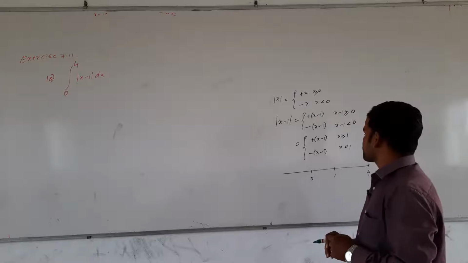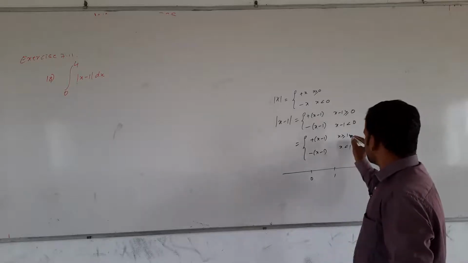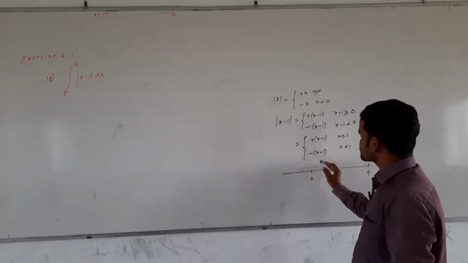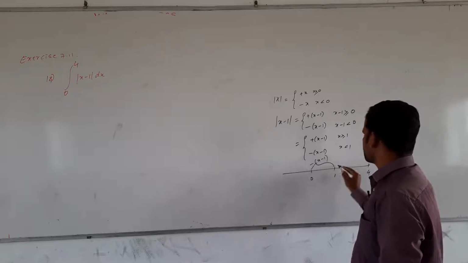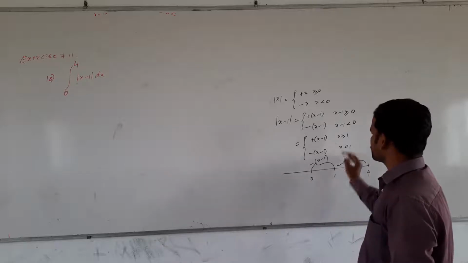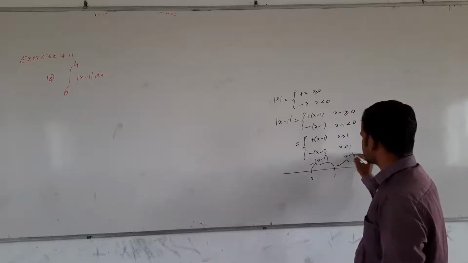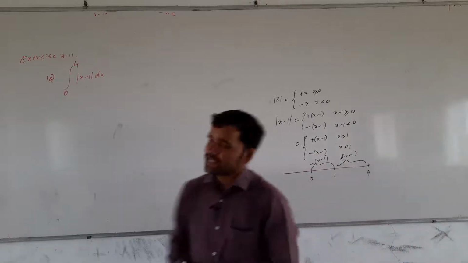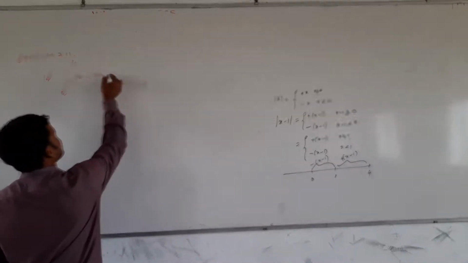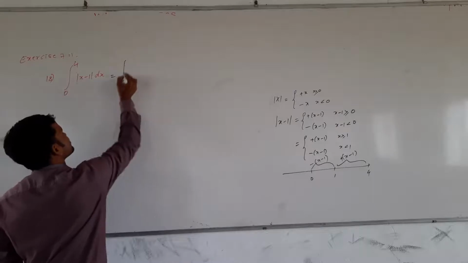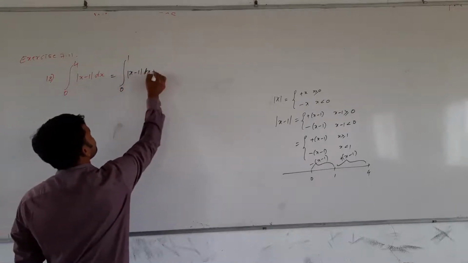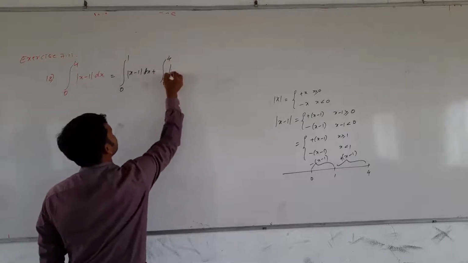See, when x values are less than 1, modulus of x minus 1 should be chosen as minus of x minus 1. When it is from 1 to 4, the function is different, that is plus of x minus 1. So, integrating from 0 to 4, we will take it as two integrals. One is 0 to 1, another one is 1 to 4.